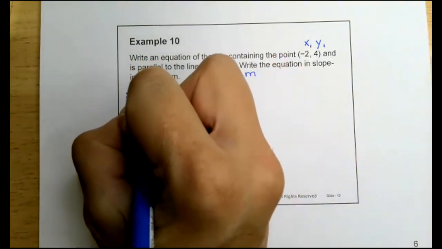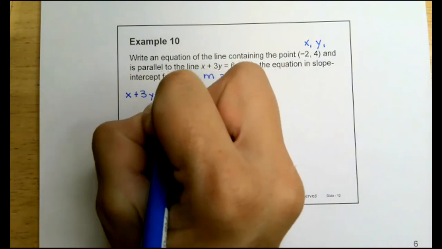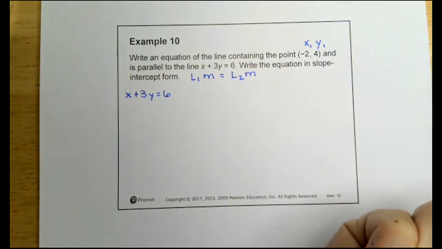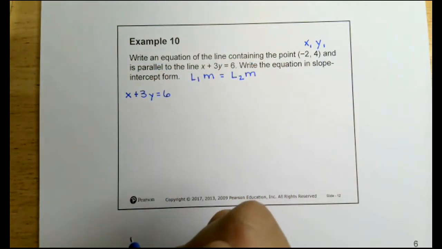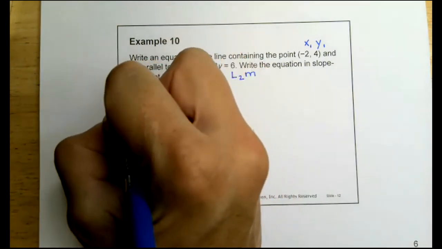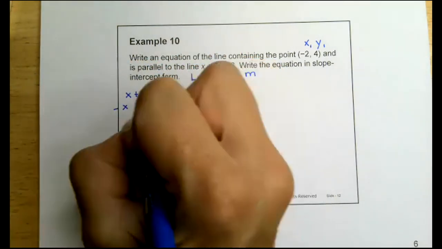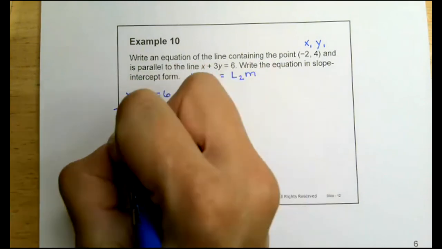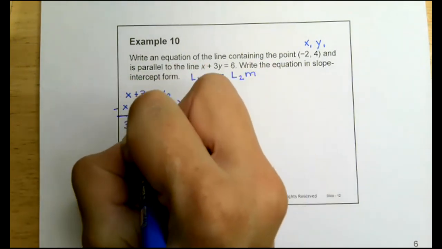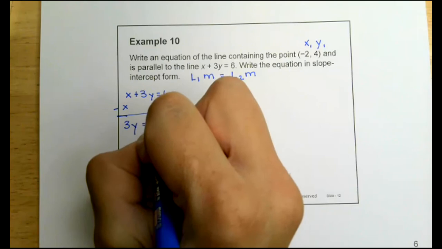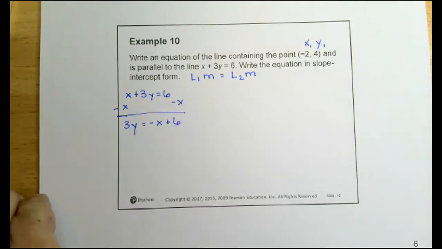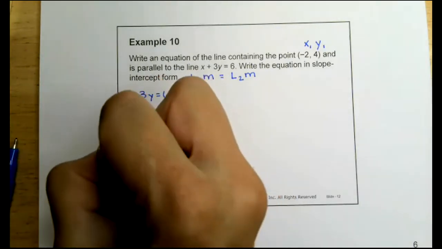x plus 3y is 6. To find the slope, we set it equal to y. Subtract x from both sides: 3y equals -x plus 6. Divide everything by 3.